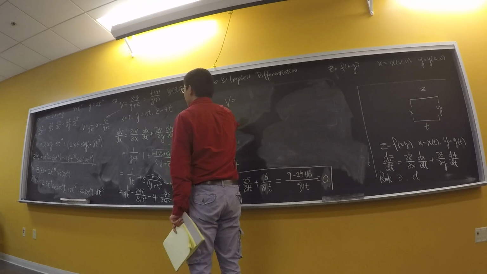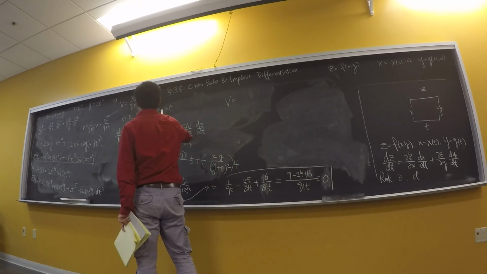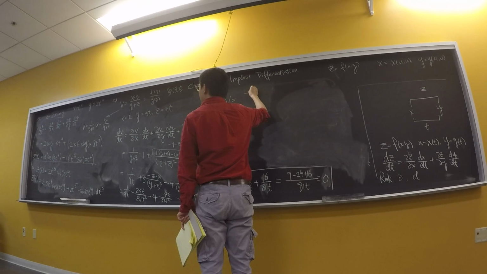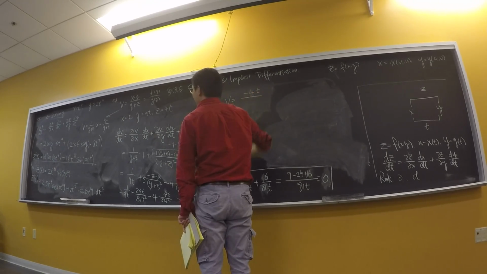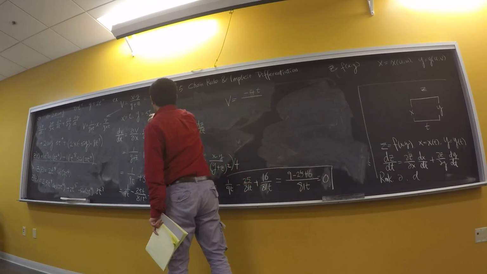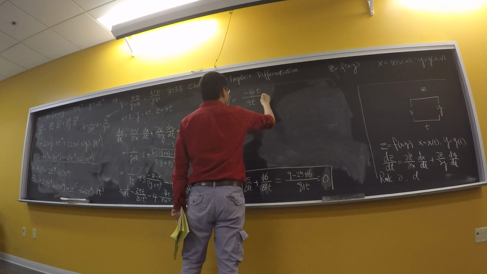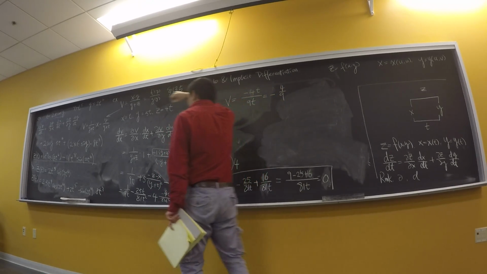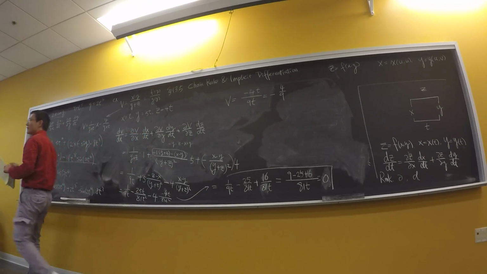V is equal to x minus y, which is minus 4t divided by 9t. So in the end, it's going to be minus 4 divided by 9. So the constant's derivative has to be equal to 0.